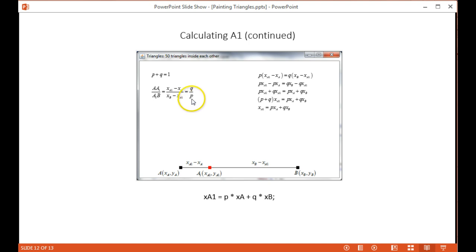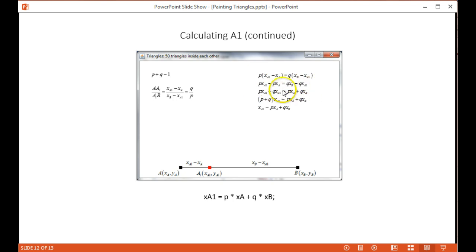If we multiply both sides, basically cross multiply, right, by p and by x sub b minus x sub a1, then we get p times x sub a1 minus x sub a equals q times x sub b minus x sub a1, right?